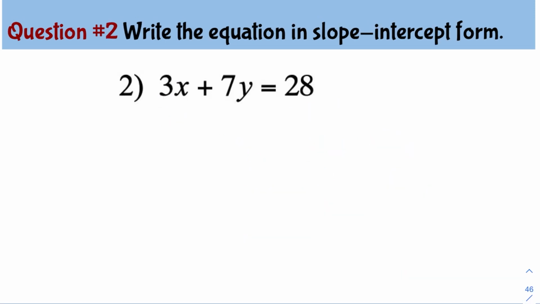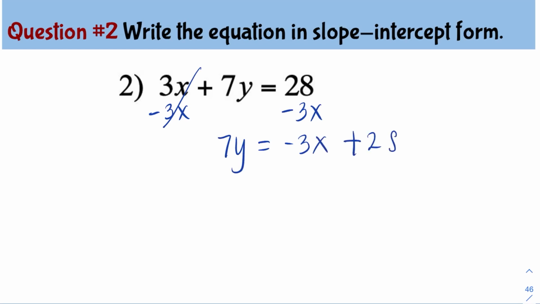Question number 2. 3x plus 7y equals 28. So in this problem, the first thing that we need to do is subtract 3x from both sides. So 3x minus 3x is 0. We now have 7y equals negative 3x plus 28. What's the next step?